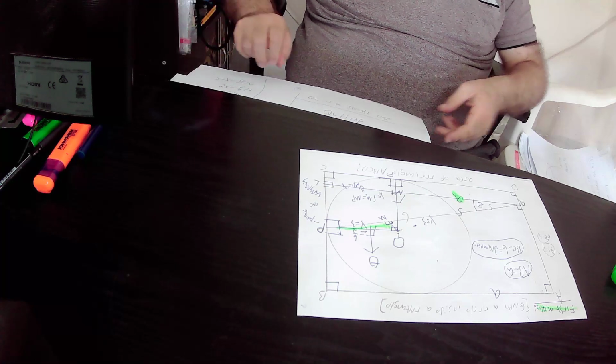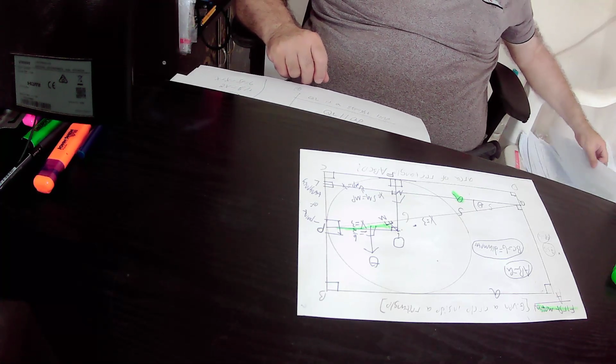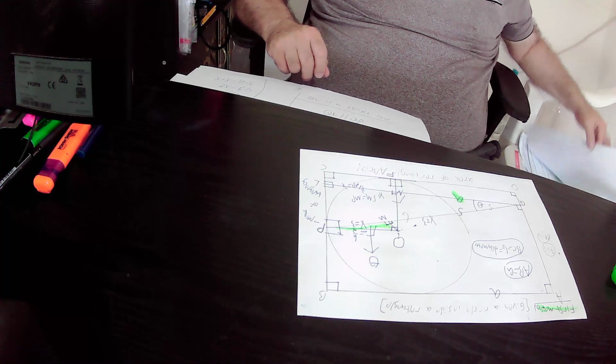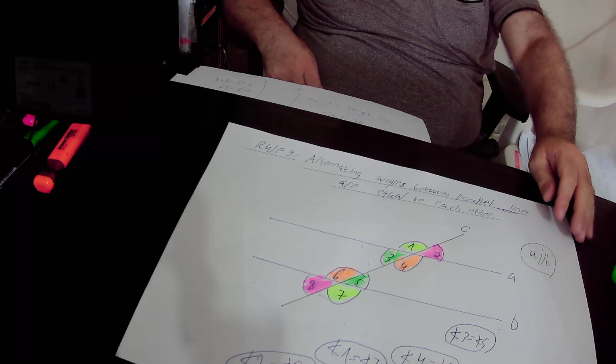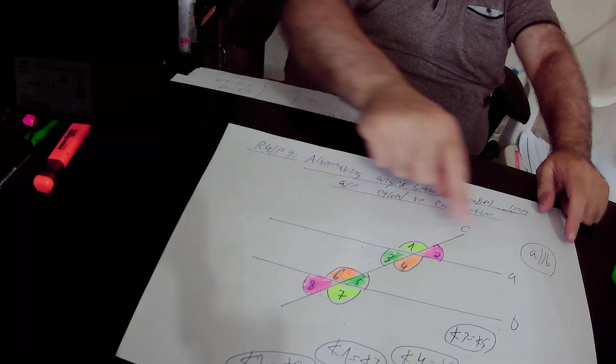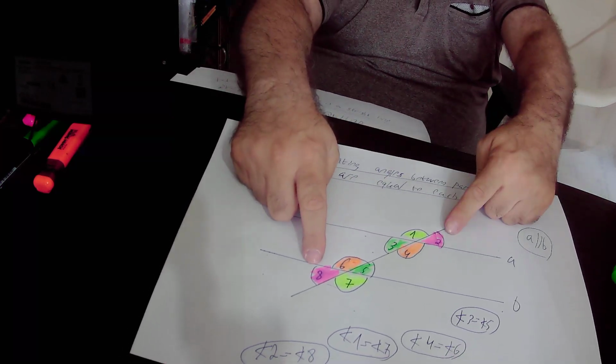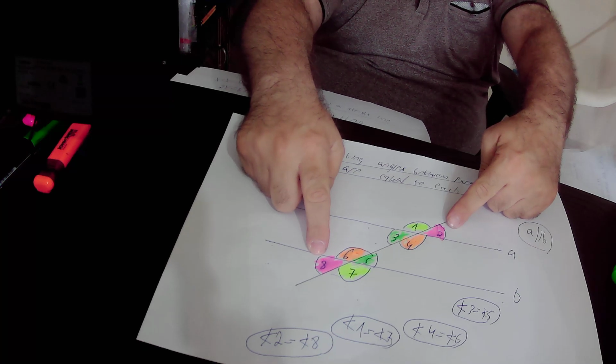Then I presented to you rule number 9. According to rule number 9, alternating angles between parallel lines are equal to each other. Line A is parallel to line B, therefore the two alternating angles in the orange color are equal to each other.